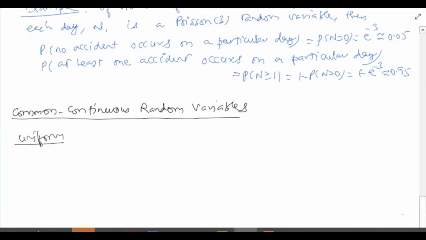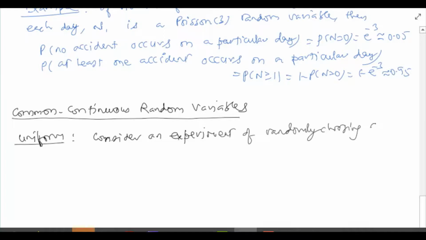To understand continuous uniform random variables, let us consider an experiment of randomly choosing a number, again randomly means without any bias, from the interval AB.